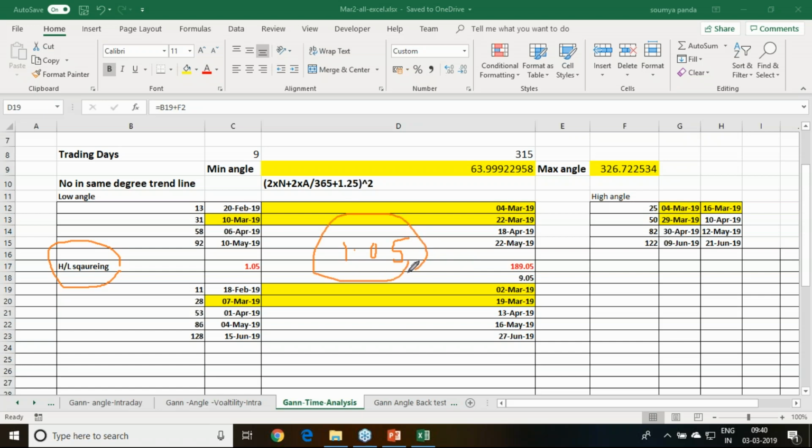After this 1.05 rotations, we have taken 189 degrees. You need to find out how 189 degrees comes. From there, 9 degrees is the offset, which is very easy to find. And from this offset, if I calculate the trend reversal dates, it comes to 7th March. So from here only you have to find out.